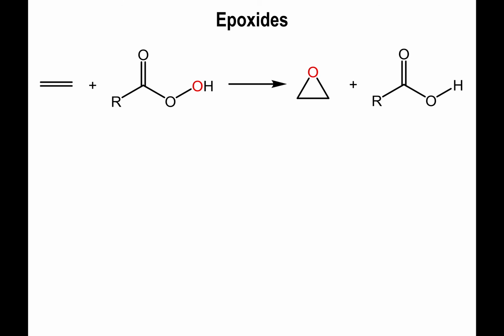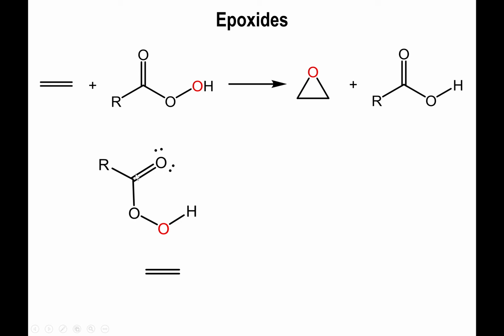Now the mechanism is simple, but at the same time a bit complex, because everything happens with just those two molecules at once. And technically, like we saw already in the addition chapters, the alkene approaches the electrophilic element, which in this case is the oxygen right here. And you can think of it this way: that oxygen is bound to a carboxylate functionality.